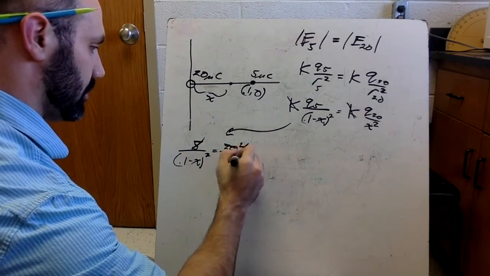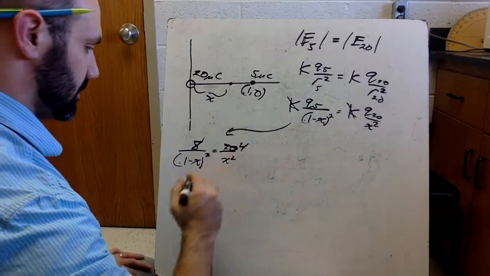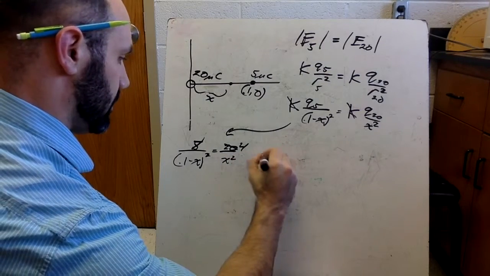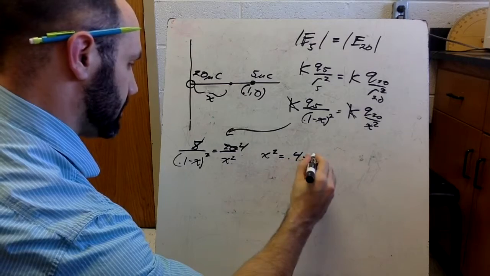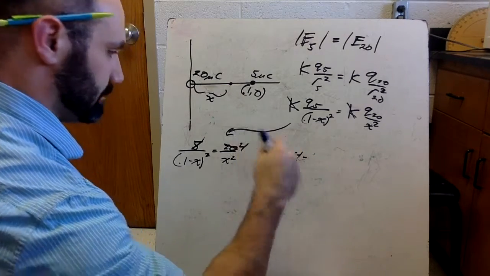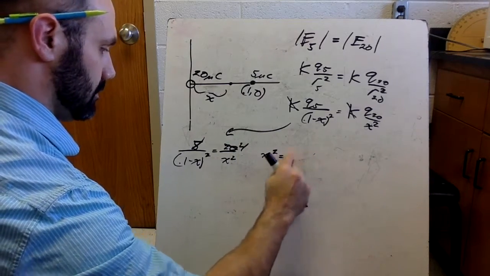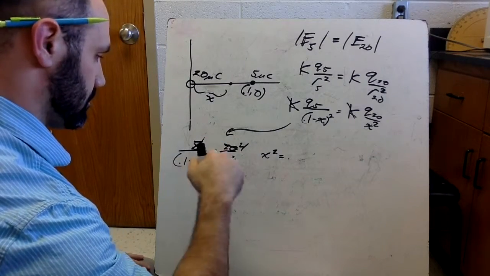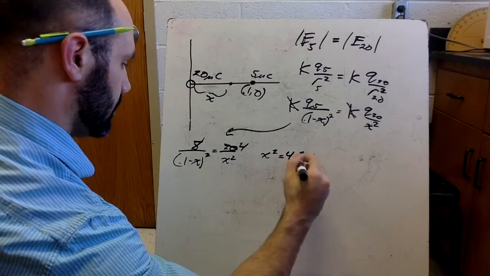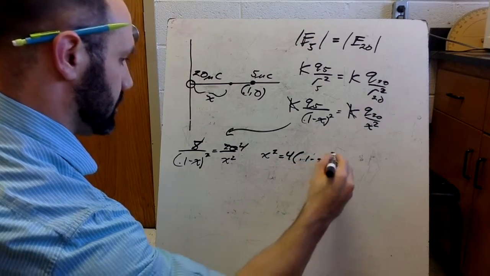Cancel out and make this a 4. And then we can cross multiply. So we'll end up with x squared equals 0.4 minus, I need to multiply this thing out. We'll do this, 4 times 0.1 minus x squared.